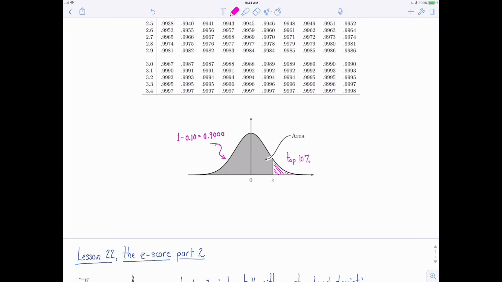In other words, what we need to do is find the z-score for 90%. And remember that 90% as a decimal is 0.9000.